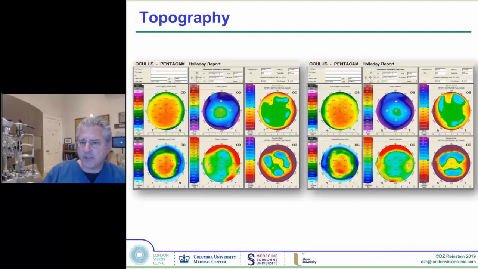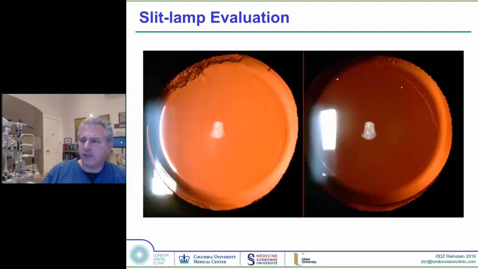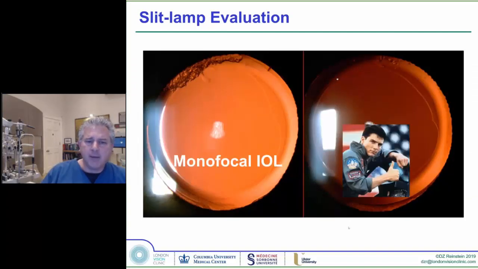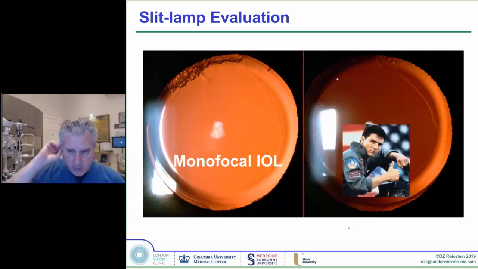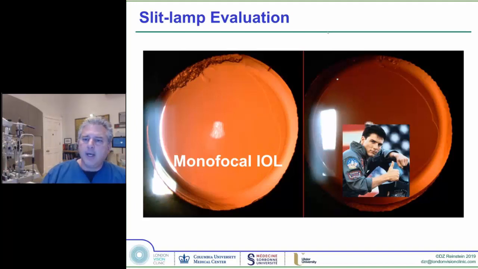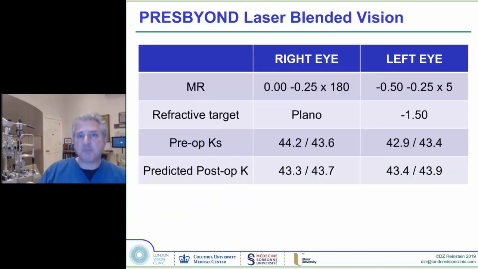His pentacams looked the same, and he had beautifully executed cataract surgery. Thank you, Alistair, you're very good at this. And he had monofocal IOLs, so that means that he didn't have a whole bunch of other issues that we had to deal with. So we do PRESBYOND on him, and we do our standard targets.